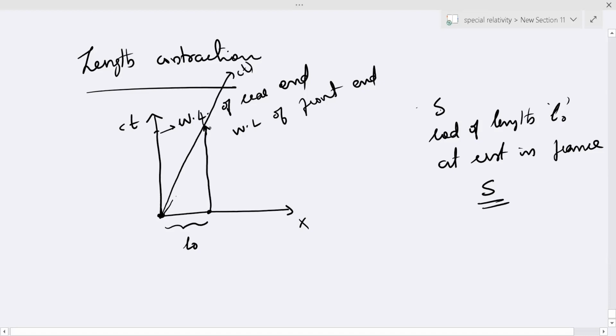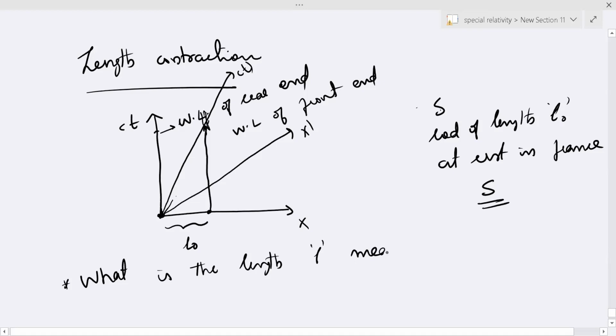And we've got X prime. So I've drawn the new coordinates as we discussed. What is the length, let's say L, measured in frame S prime?